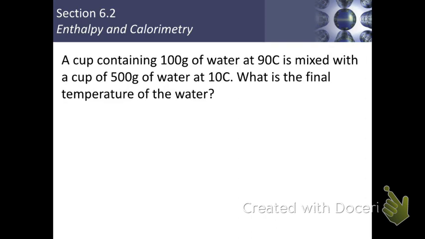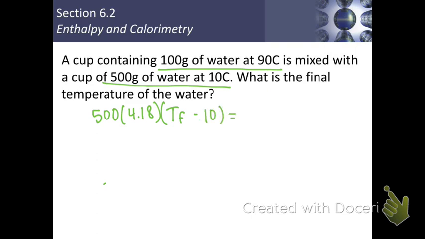In this case, we're using the specific heat capacity of water for both sides. Okay, so that can help with your algebra a little bit, right? This would be the hot side. This would be the cold side. So I'm going to go 500 times 4.18 times (TF minus 10) equals negative 500 times 4.18 times (TF minus 90). Don't you have 4.18 on both sides?